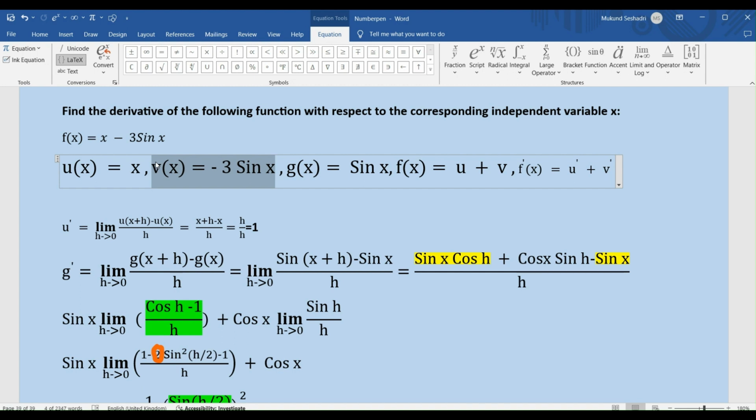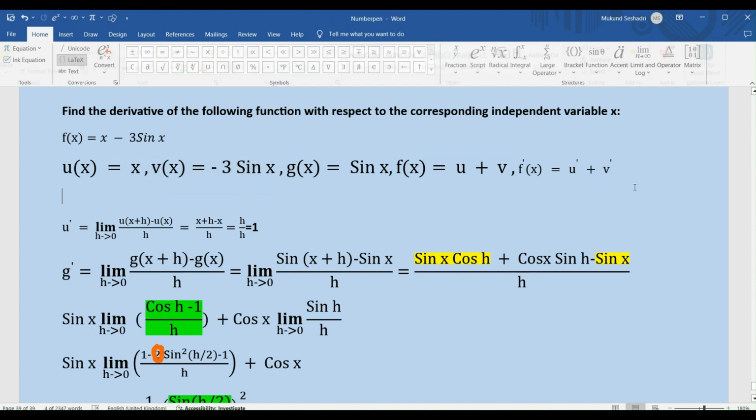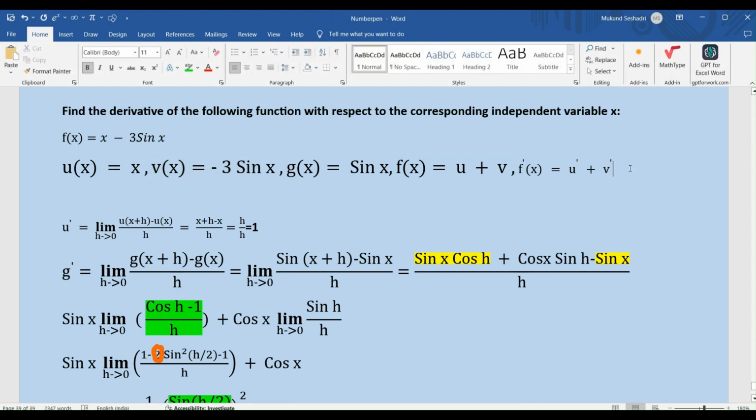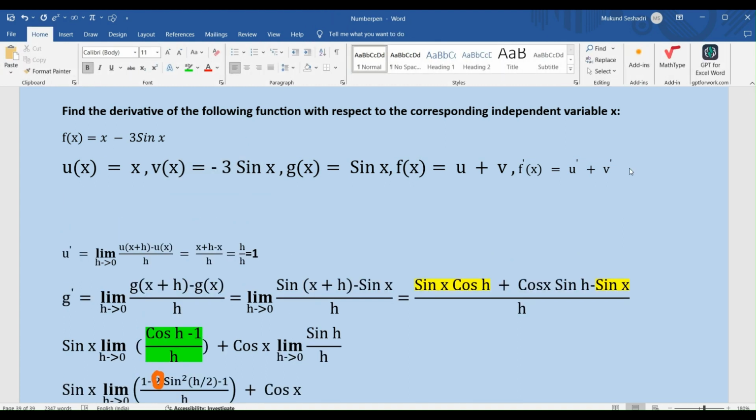So for my v of x, which is minus 3 times sine x, it will be minus 3 cos x, right? Now I'm going to go back to the original expression we wrote, and let's call back our f dashed of x, which was u dashed, which we calculated, it's a very simple one, which is 1.